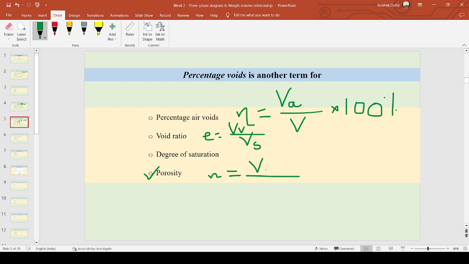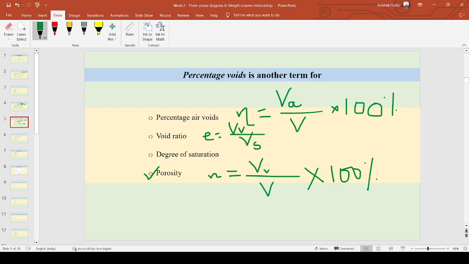Definition of porosity? Volume of void upon total volume. Yes, volume of voids upon total volume of soil mass, and porosity, unlike void ratio, is expressed as a percentage. You can write the fraction in numericals, but it is represented in general as a percentage. So yes, percentage voids is another term for porosity.